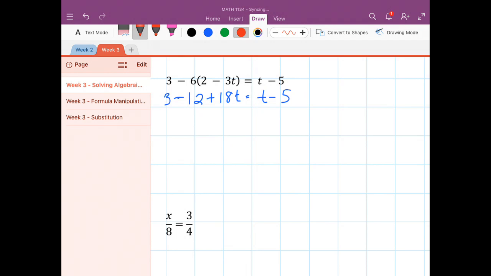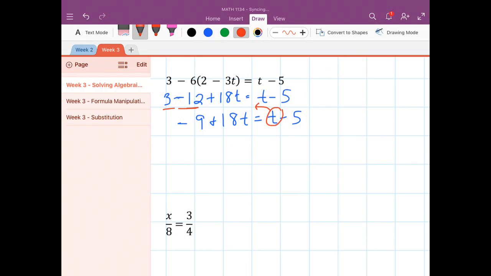Now I see that I have two numbers without variables, so I can simplify that. So that gets me to negative 9 plus 18t equals t minus 5. Okay, I am going to bring this t over.